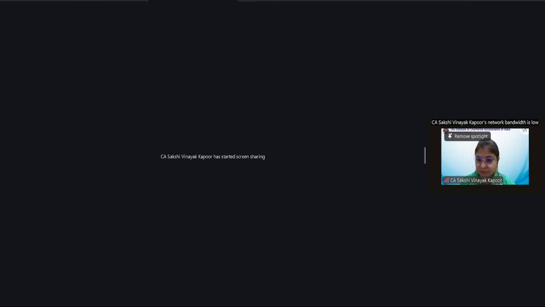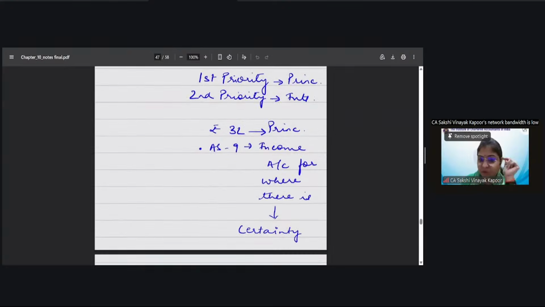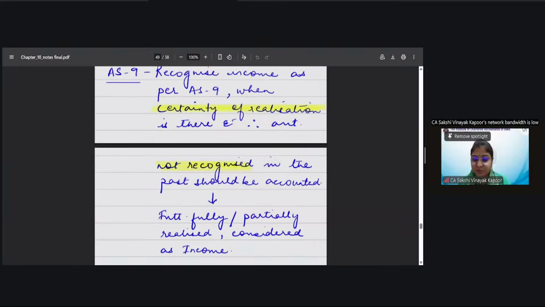Is it now visible? See, these are the things regarding the completeness, regarding the rates, interest, and agencies. One was for standard and NPA, the other was for taxation purposes, and the third one was regarding other expenses.